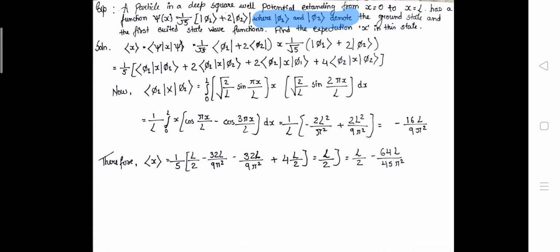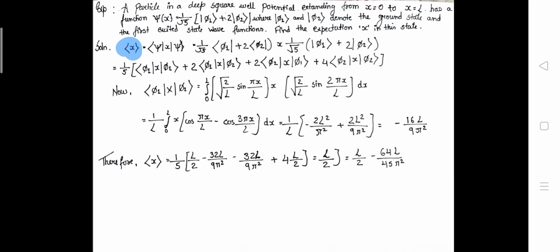Now we are going to find the expectation value of x. We can denote the expectation value of x like this, and the formula will be the bracket of psi with psi, and between them we put the quantity whose expectation value we are going to find.